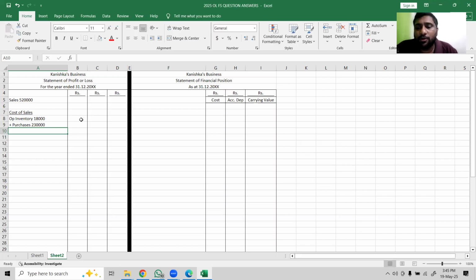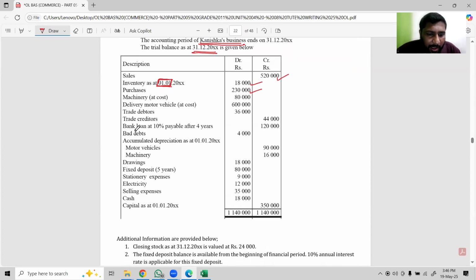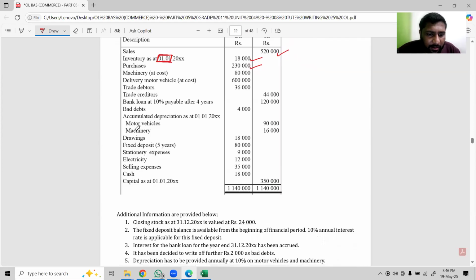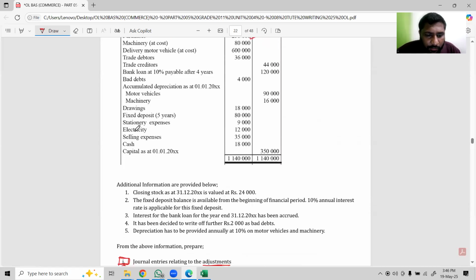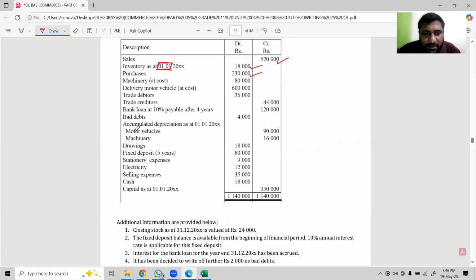Then we have to check, do we have any loading, unloading charges, carriage inwards. Let's see, do we have any of those things? Trade debtor, bank loan, bad debt. No. Loading, unloading charges, carriage inwards. Nothing is there in this question.